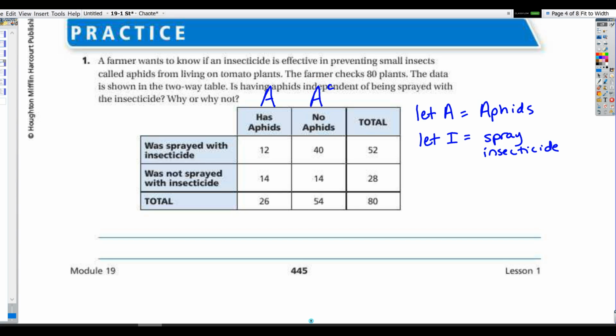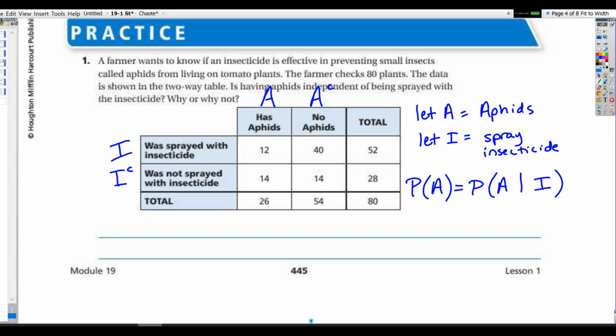They either have them or they don't. Here, I'm going to do I, meaning they were sprayed, or using the complement, meaning they weren't sprayed. So I'm just assigning things. So here's my test. Does the probability of having aphids equal the probability of having aphids given the insecticide was applied? Do you see how this test makes perfect sense?